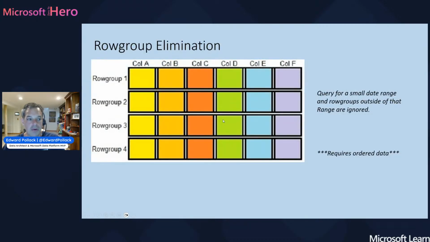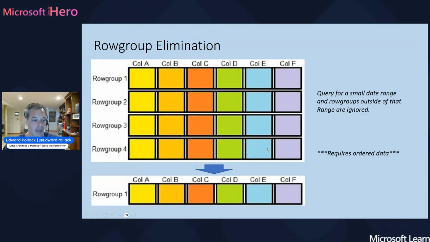Now, how about the data order scenario? If my data were ordered by a date, for example, from the beginning of my data date range to the end, and I were to then query for a sliver of dates, which is very frequent, right? I'll have data that goes back many years, and I'll simply want a quarterly report, or an annual report, or a monthly or weekly report. If I query for that narrow date range, odds are very good it's only going to need 1 or 2 row groups, maybe, and that's it.